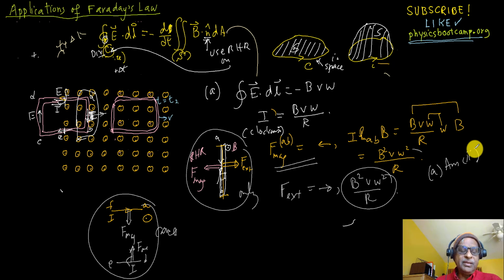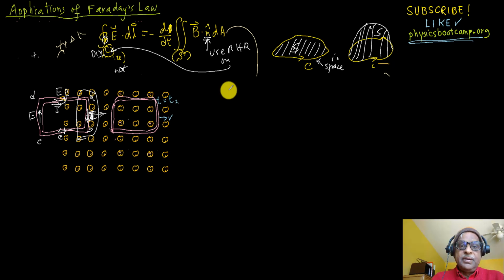Okay, let's try to answer part B. For part B, you can see that at time t, and then a little bit later on it's over here, the flux through this and the flux through the original, there's no difference.